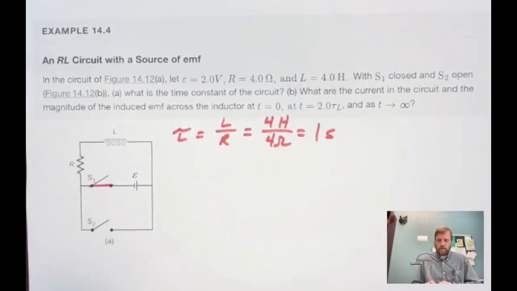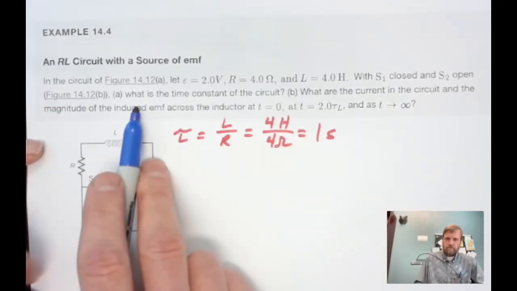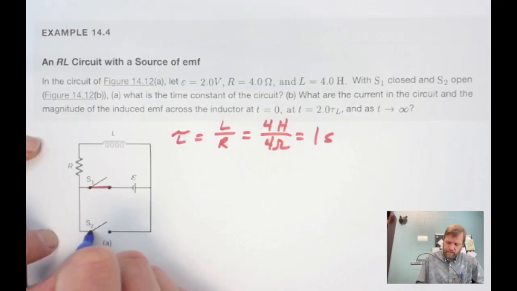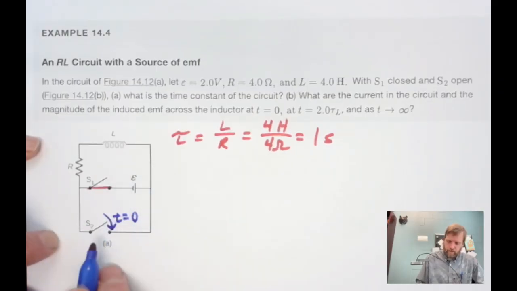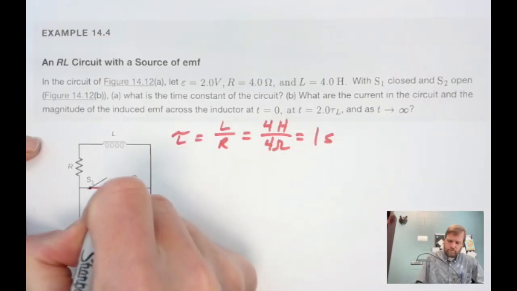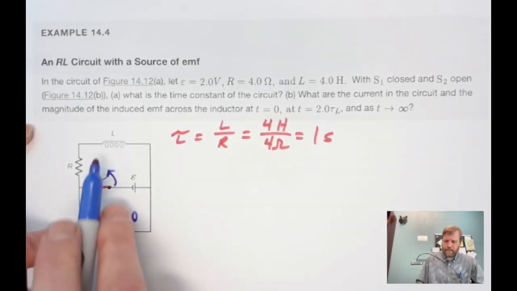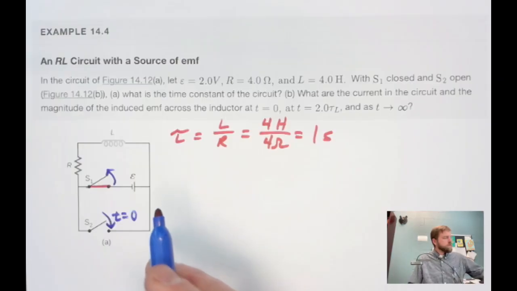Okay, so what happens at t equals 0, which isn't in this part of the prompt, is that S2 is closed and S1 is opened. Okay? So we get the circuit that we've already analyzed, which is this one right here.